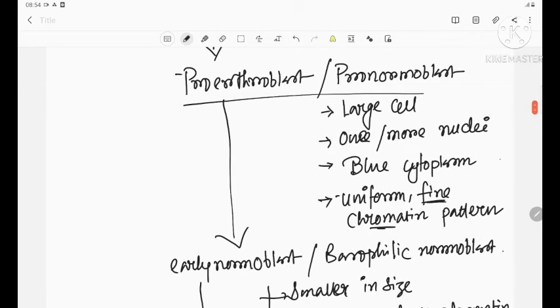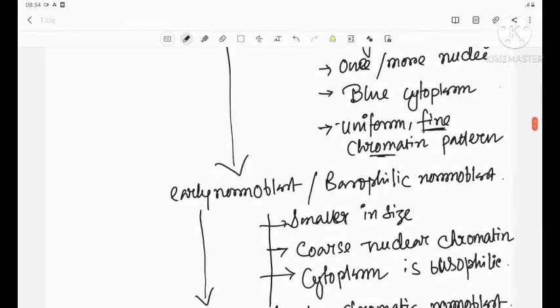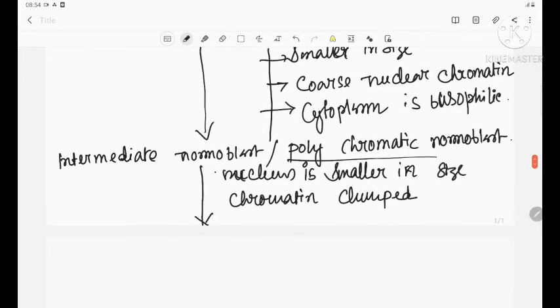Blue cytoplasm means there is lots of ribosomal RNA. At this stage, the polychromatic normoblast, there is an admixture of pink and blue, blue RNA and pink hemoglobin. So this color is polychromatic, a blue and pink mixture.